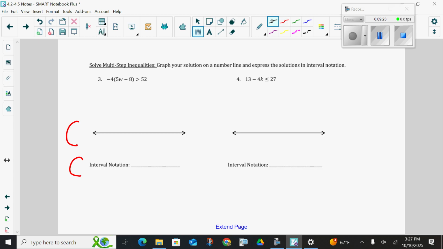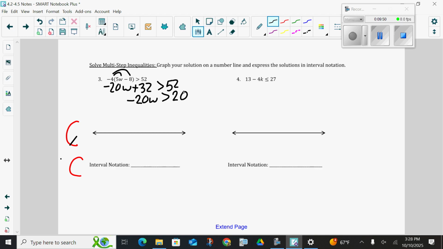The first thing I need to do is distribute. So I'll get negative 20w plus 32 is greater than 52. I'm going to subtract 32 to the other side, and I'll get negative 20w is greater than 20.